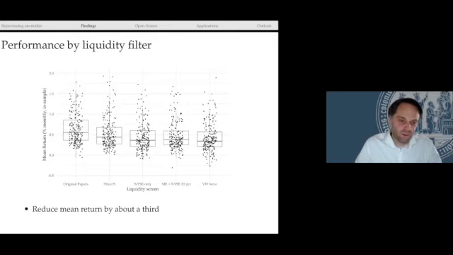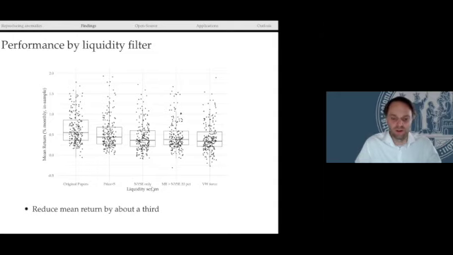And what you see here is a box plot, and the solid line in the center of the box is the median return. So this here is around 55 basis points in the original papers, in the sample of original papers. When you screen for stocks that have at least a stock price of 5, the return goes down. The return is then only something like 45 basis points per month.